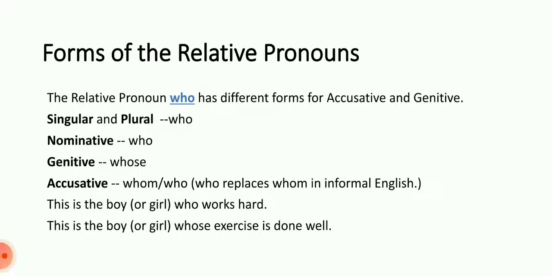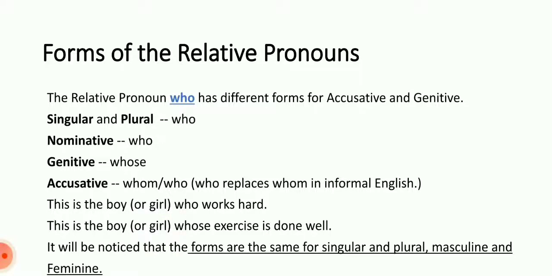Now here we may say that in the bracket I have used girl. So in the case of feminine and masculine, who is used for both cases, either masculine or feminine.